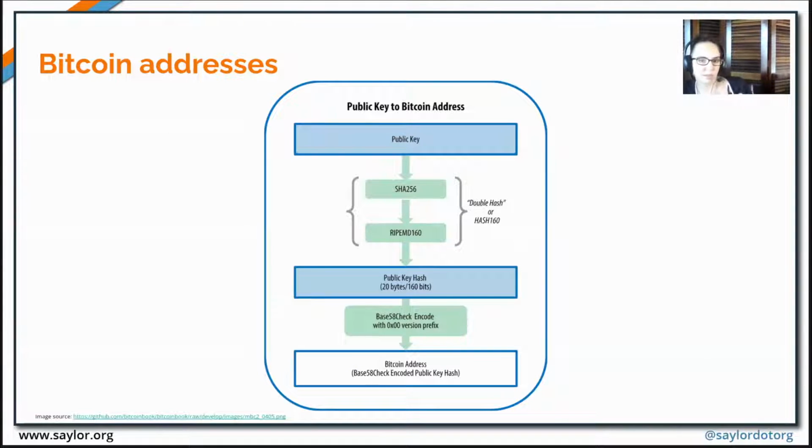Here we go. This is the graphic I was talking about earlier, where we can see how this is used for generating Bitcoin addresses. Now, there are a number of different types of Bitcoin addresses. This one's a very simple one, pay to public key hash, the simplest form of Bitcoin addresses.